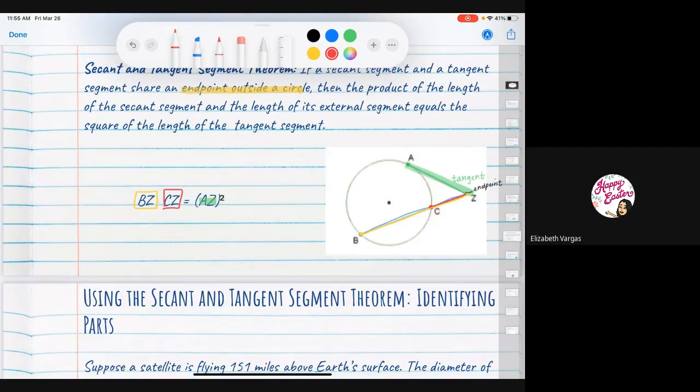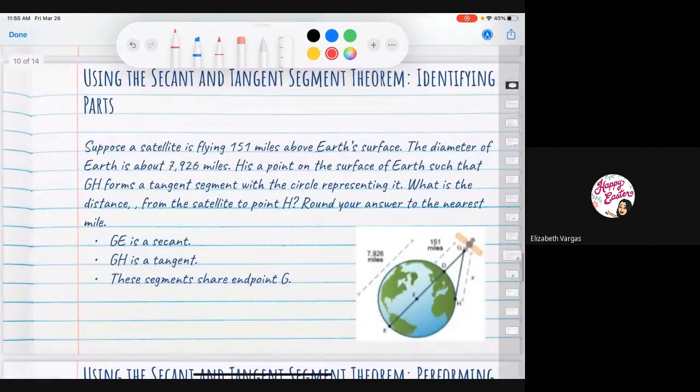Okay. So say I have a problem that looks like this, and this looks a little complicated, but it's super easy. It basically says, suppose a satellite is flying 151 miles above Earth's surface. The diameter of Earth is about 792 miles. H is a point on the surface of the Earth such that GH forms a tangent segment with the circle representing it.